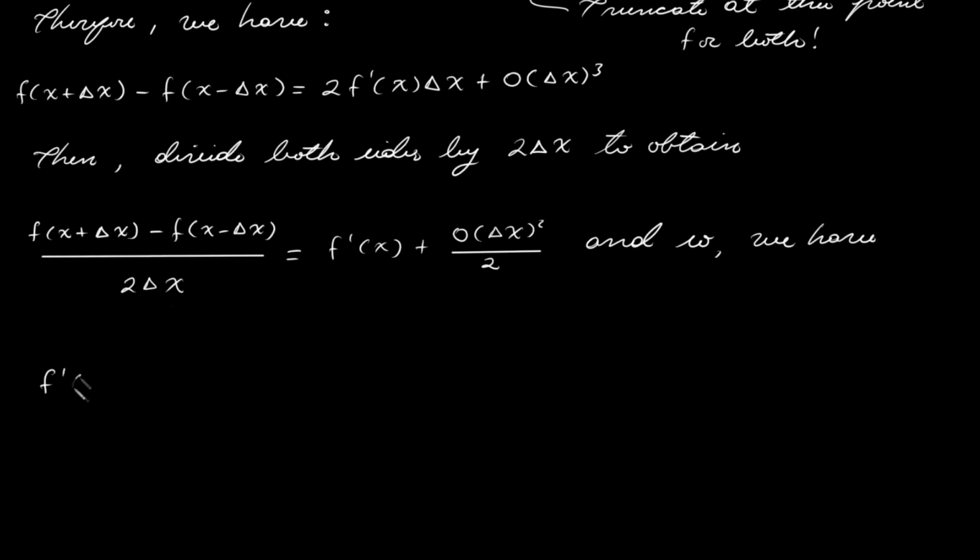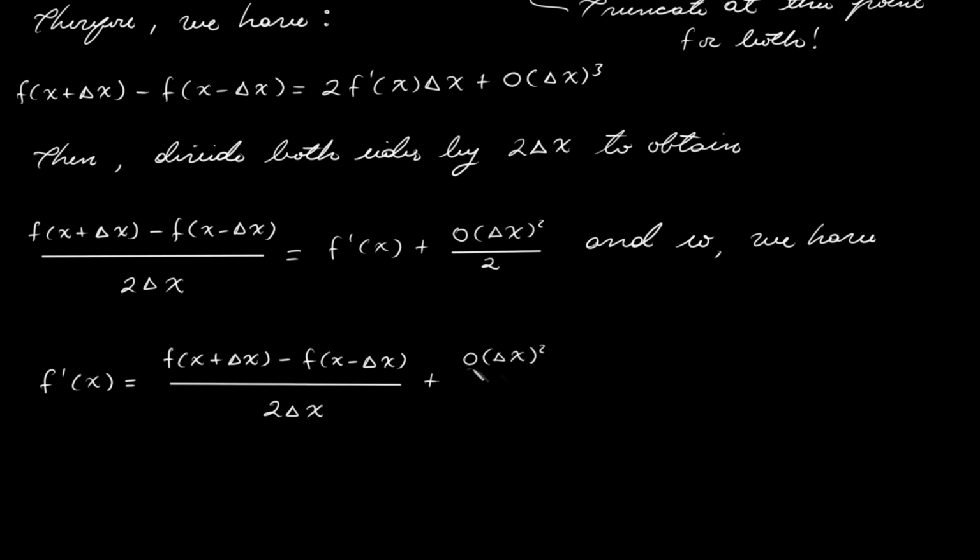As a final step, we solve for f prime, which will yield the final form of our equation. This is what we know as the central finite difference.